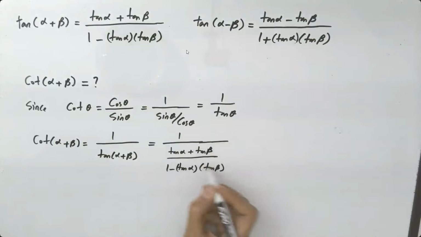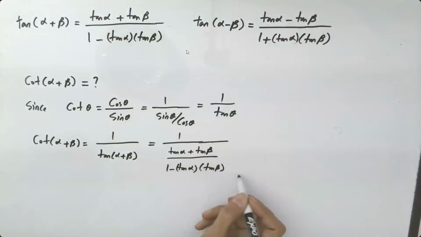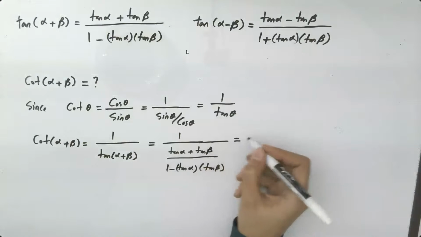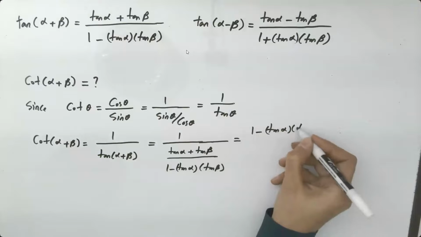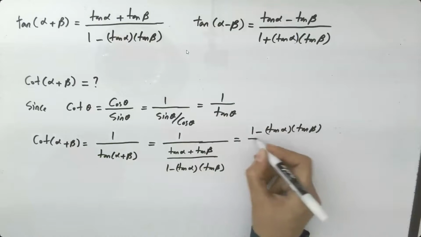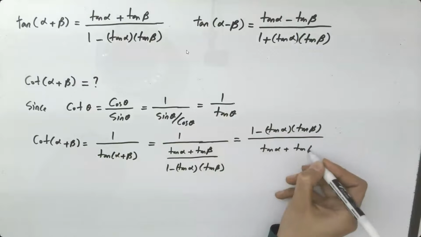Well, we have the second fraction in the denominator. So it means that you can flip this and write it as 1 minus tangent alpha times tangent beta divided by tangent alpha plus tangent beta.